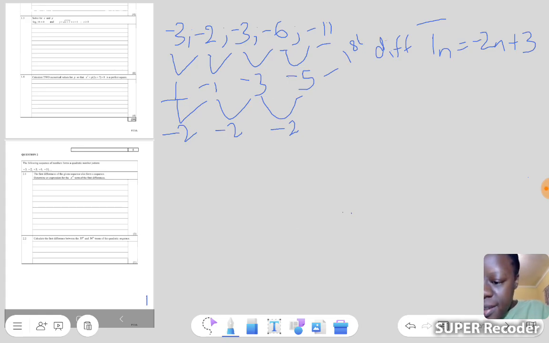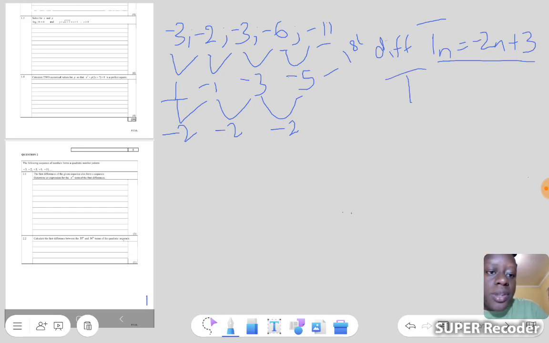So 2.2 states that we calculate the first difference. Okay, so 2.2.2 states that we calculate the first difference between the 35th and 36th terms of the quadratic sequence. I think they mean the quadratic sequence using this formula.